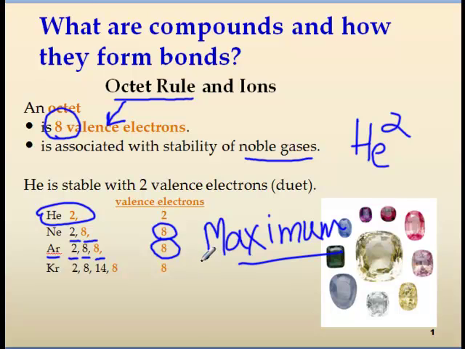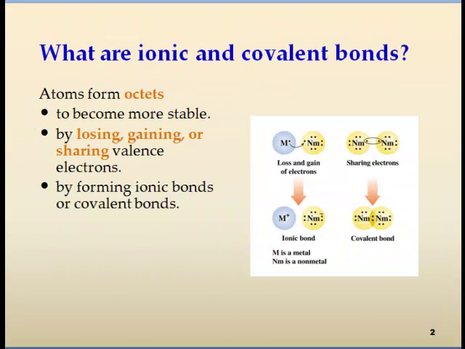But for simplicity, we will go with this model of 2, 8, 8, 8. So if this was the nucleus, then it's going to be surrounded by 8 electrons. If you can remember this octet rule, it becomes very easy. The rule that applies to helium is sometimes referred to as a duet because there are only 2 electrons. However, we will talk about the octet most of the time.